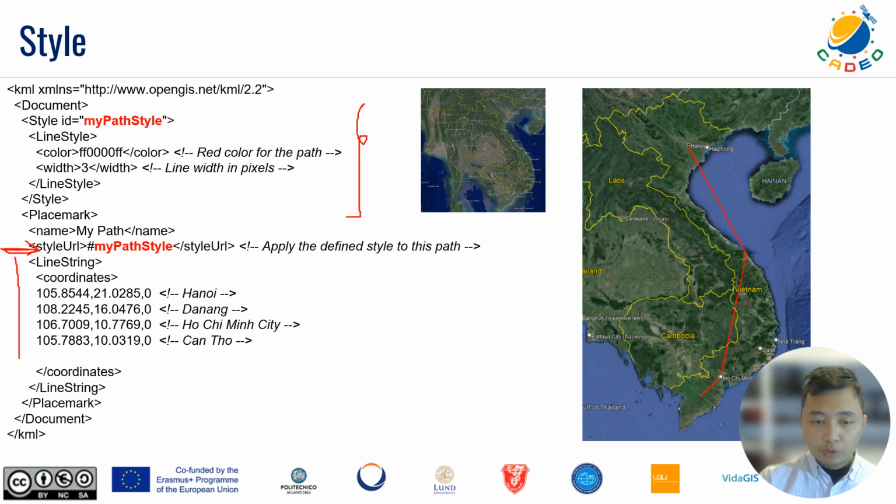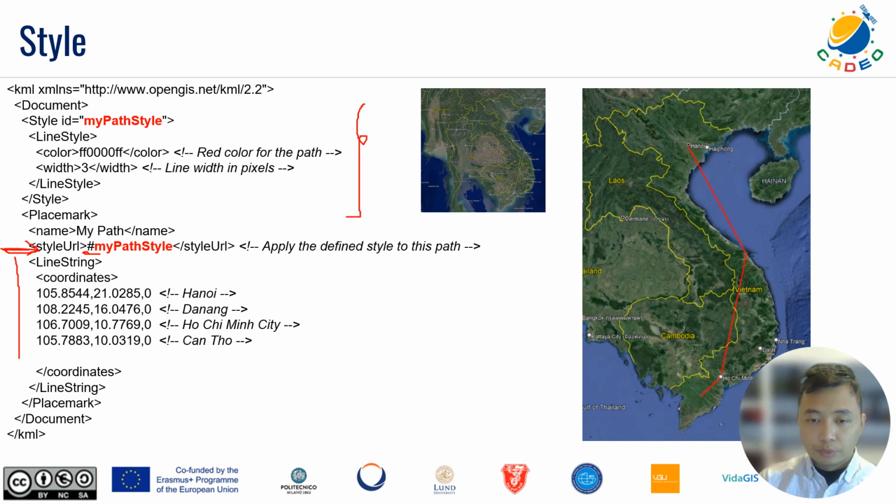And when you use the styleUrl with the style defined in advance, please remember to use a sharp symbol at the beginning of the name of the style you just generated. After that, we close the tag. We write the closing tags to nest the KML properly.